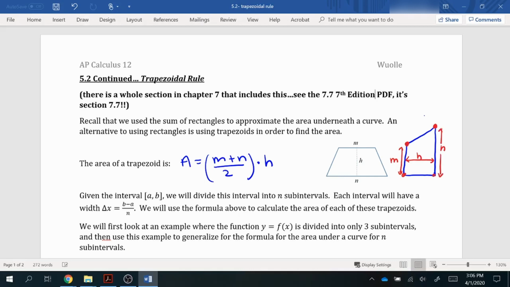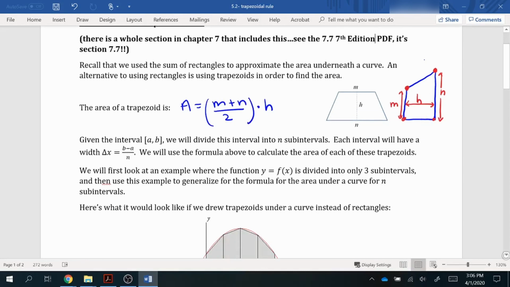So what that means for us is when we add up a bunch of trapezoids under a curve, h is going to actually be the width of those trapezoids, which will translate to be our delta x. And m and n will be two different y values on that curve. So it's almost like you're taking a left and a right endpoint at the same time.